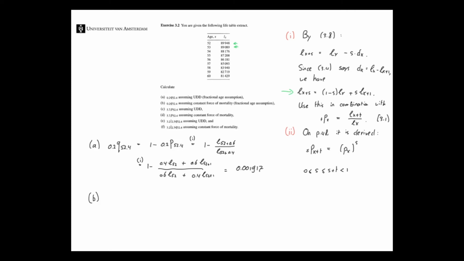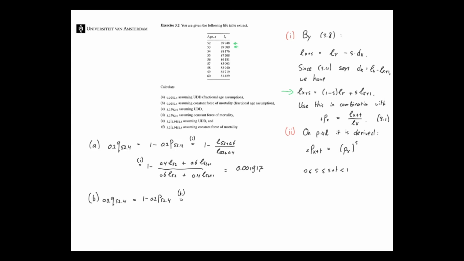And if we compute it in part B, using the constant force of mortality, we should have the same answer, right? Because it's the same probability we're computing. So again, we start with 0.2q52.4. We rewrite this in the same way, as 1 minus the probability of survival. And then we use the second property we derived.